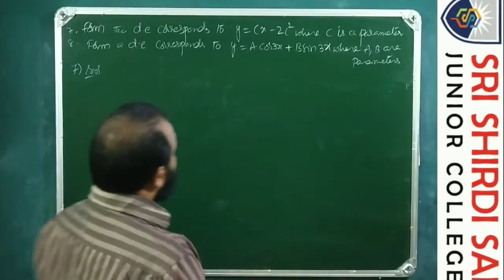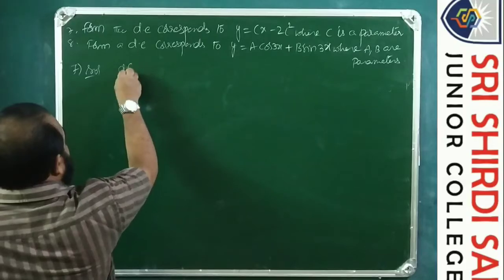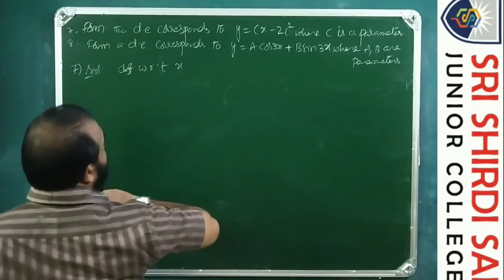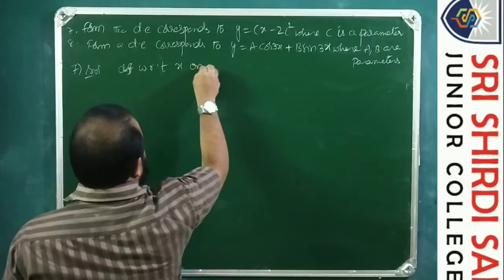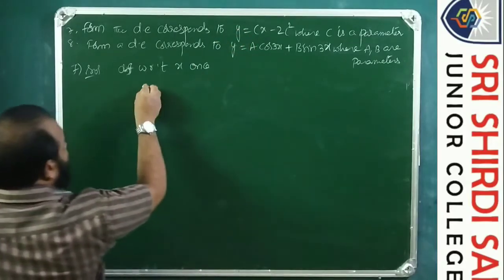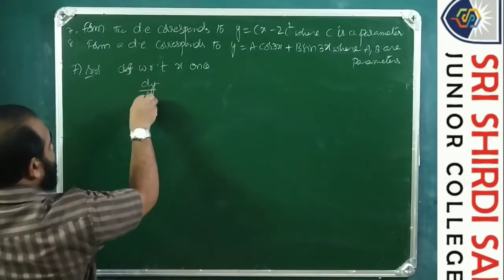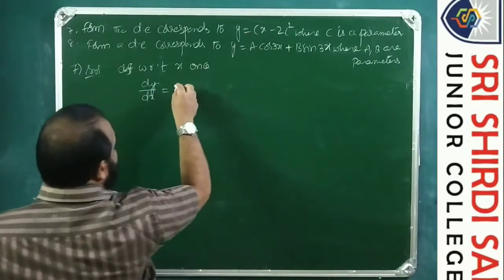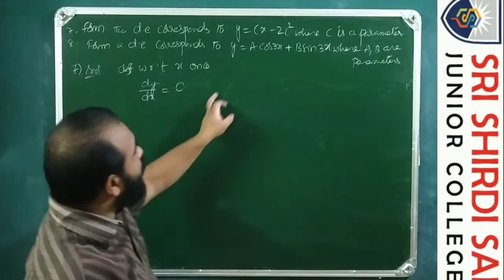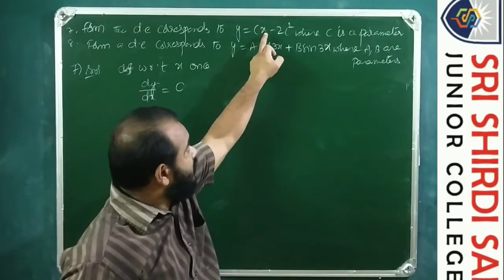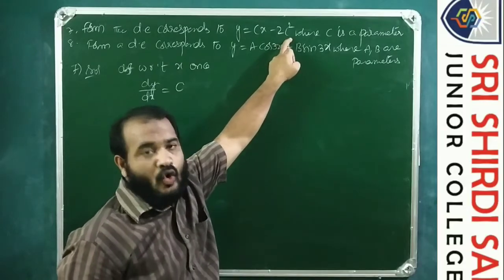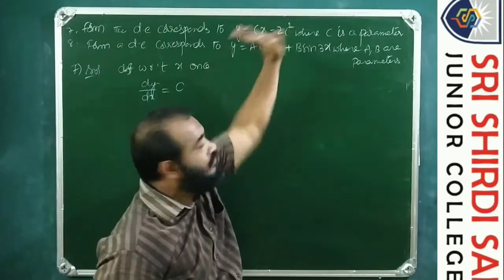So differentiating with respect to x once, d by dx of y is dy by dx, which is equal to c into d by dx of x, which is 1. So c into 1 is c. And 2c square is purely a constant, so this derivative is 0.